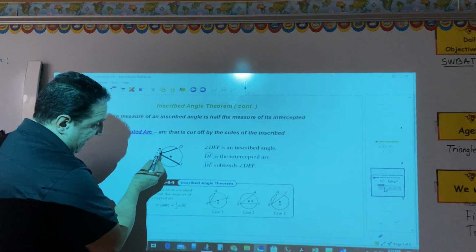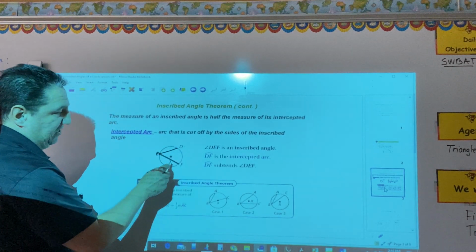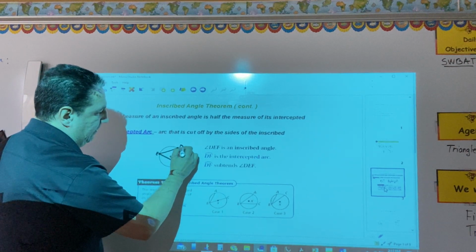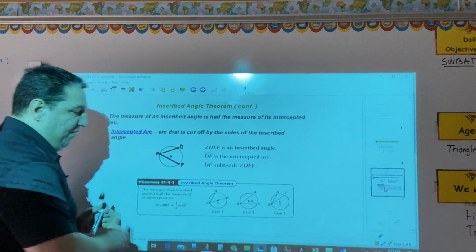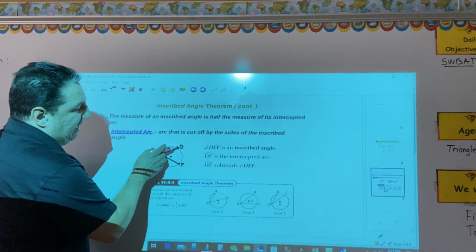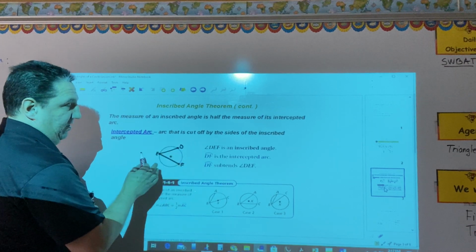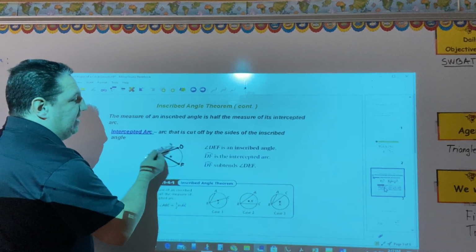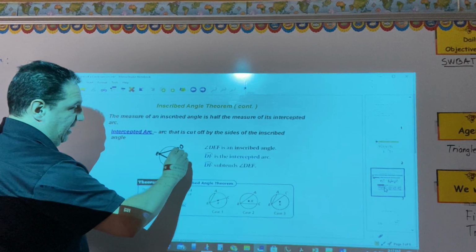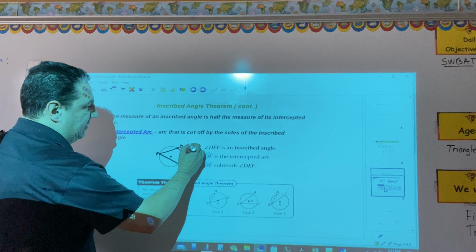Now, the sides of the inscribed angle intersect our circle at two points, D and F. The portion of the circle between the points of intersection of the sides of the inscribed angle and the circle is called the intercepted arc.